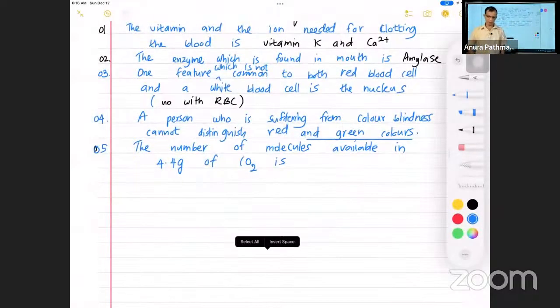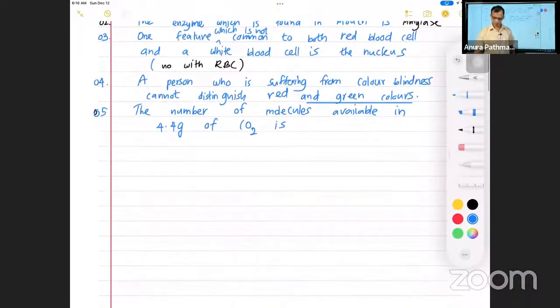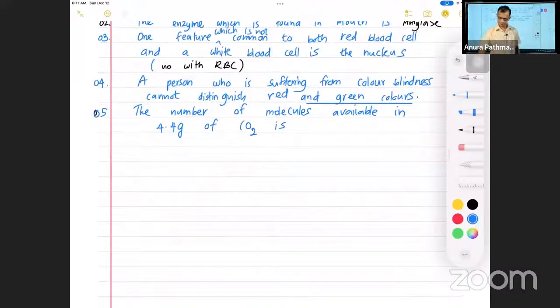The number of molecules available in 4.4 gram of carbon dioxide. 1 mole contains 6.022 times 10 to the power 23.